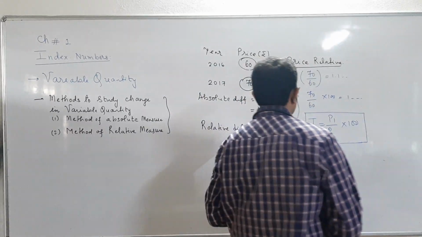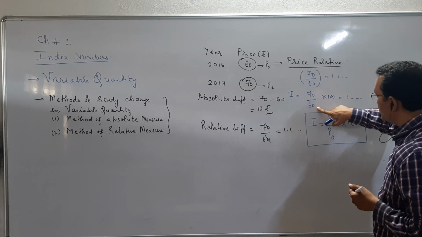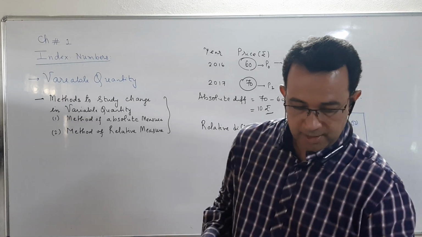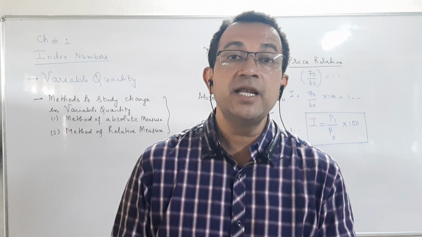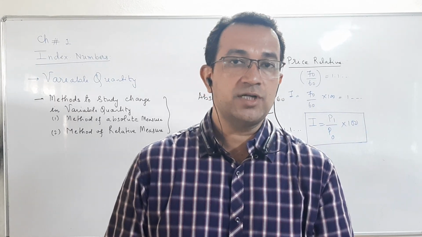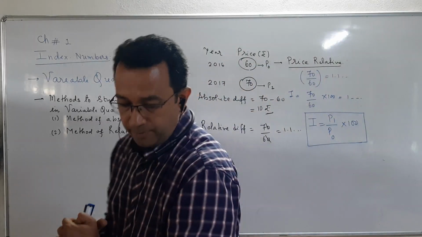Here 70 rupees upon 60 rupees, rupees and rupees get cancelled. So index number is a unit-free relative measure. And whenever I say relative, it is a ratio, and all of you know, students, a ratio does not have any unit. So index number is a unit-free measure.